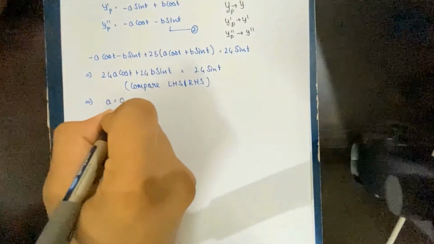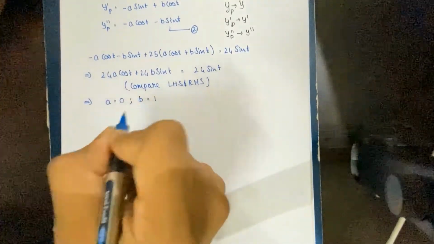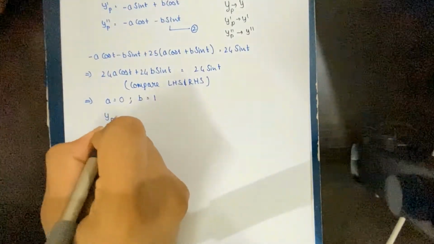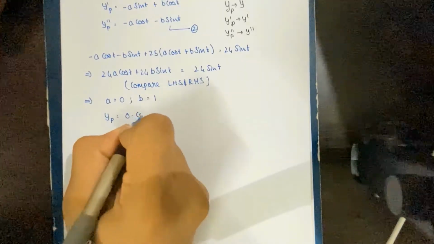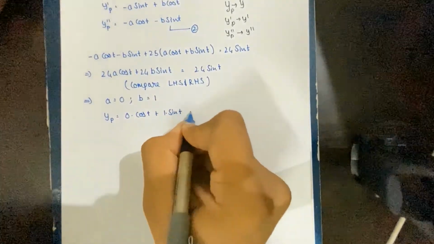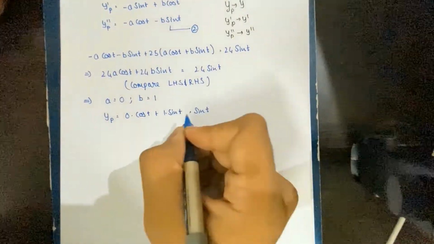You get a equals 0 and b equals 1. So yp is essentially 0 times cos t plus 1 times sin t, that is sin t.